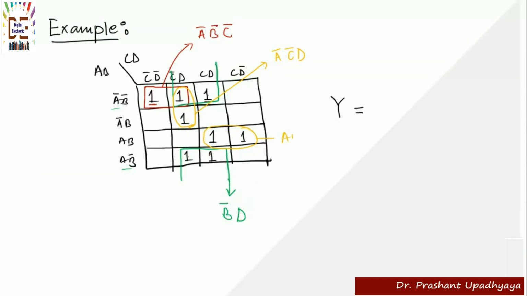What will be my answer? A B C. Do we have anything left? No. So my answer is A bar B bar C plus B bar D plus A bar C bar D plus A B C. Thank you. I hope you have enjoyed this 4 variable K-map.